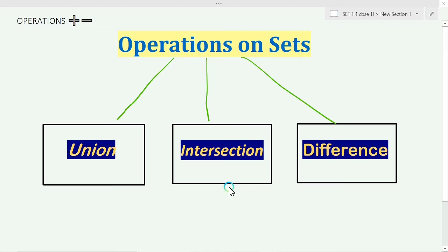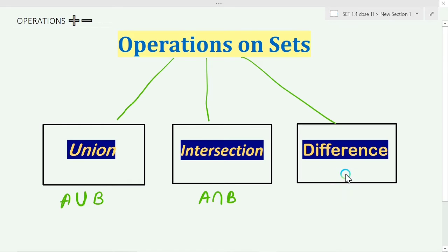Let us take two sets A and B. The union of A and B is symbolized by this symbol U. For intersection, take two sets A and B, and their intersection is symbolized by this symbol.